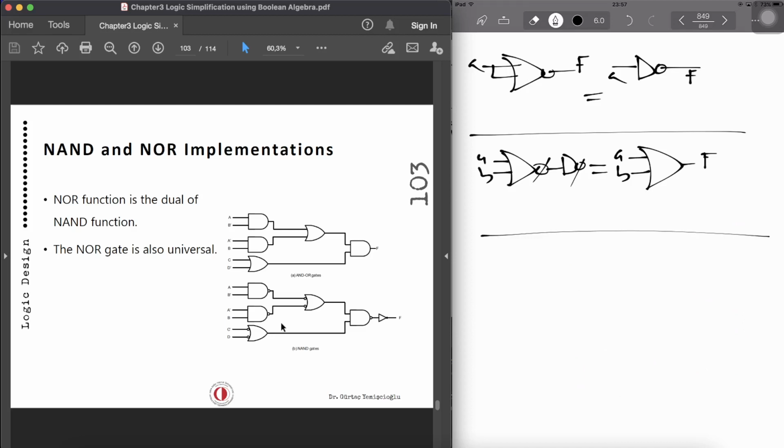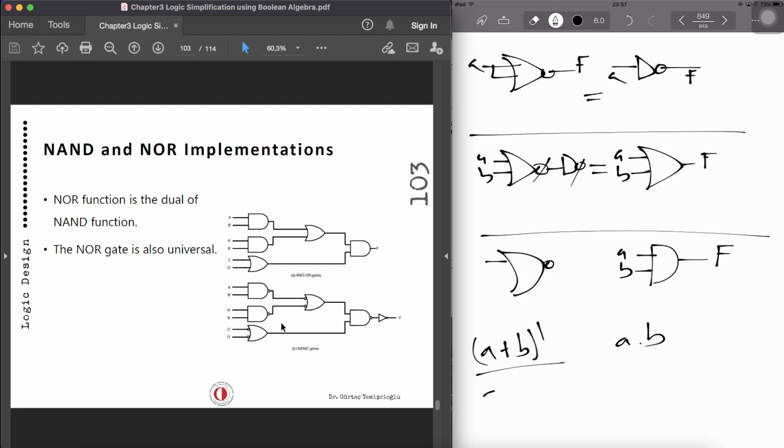And the AND function, to implement with NOR gates. Like we have done, the AND function is A dot B. Now, when you have a NOR gate with A plus B prime, when you apply De Morgan, this is going to be A prime dot B prime.